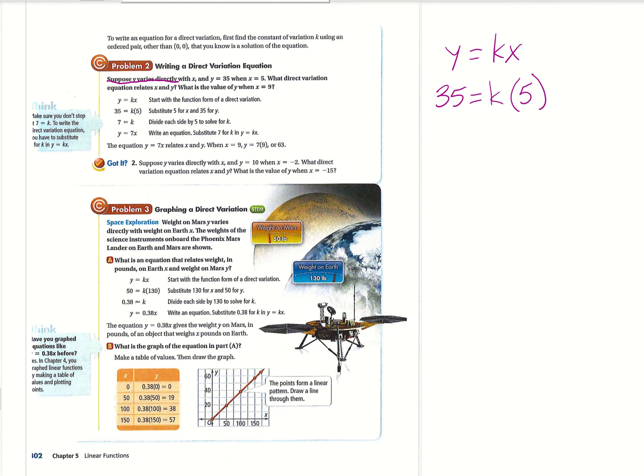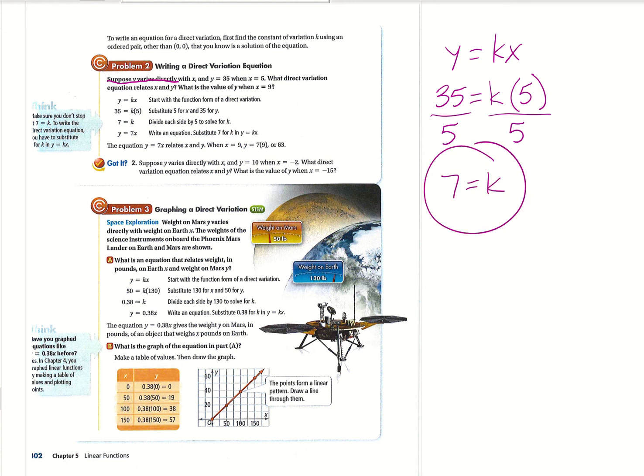Now all we have to do is simplify. We just did the substitution, so we just have to solve here. You can divide both sides by 5 to get k by itself. We're going to end up with 7 equals k.